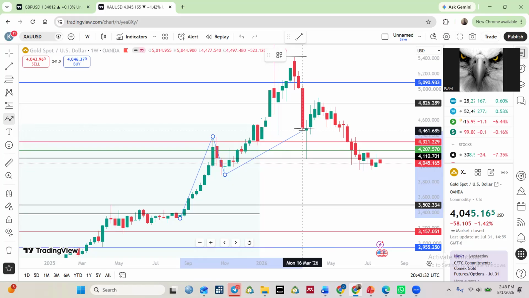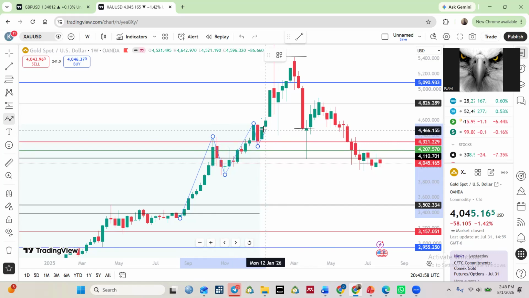So price gave us this high, then it came down to give us this low. Then it moved all the way up, then it gave us this point. Then there's one weekly candle that brought the price down to, let's say, this point.